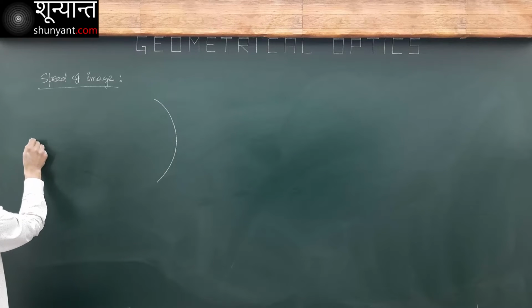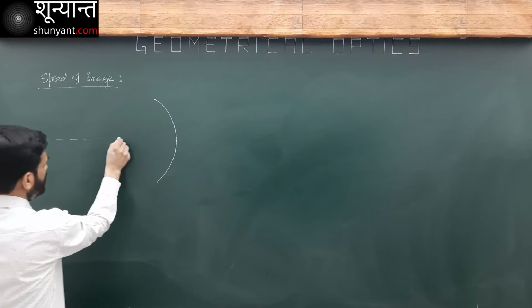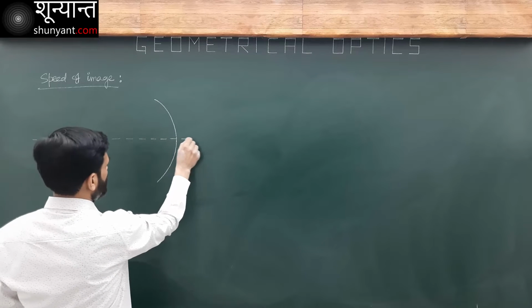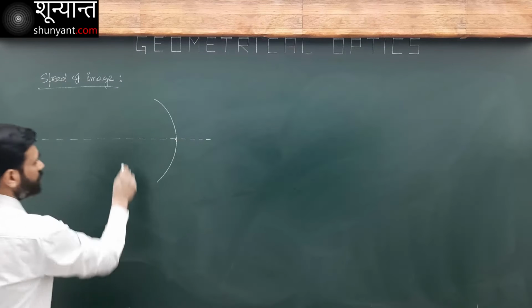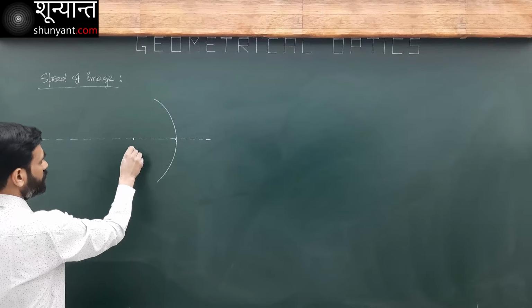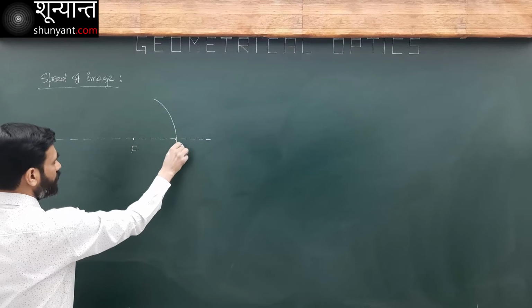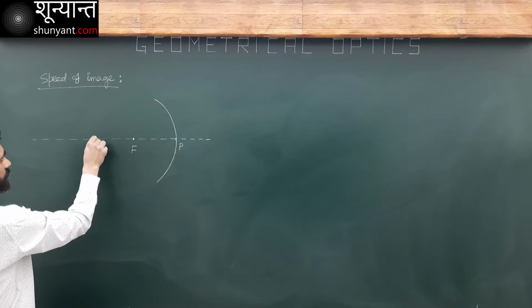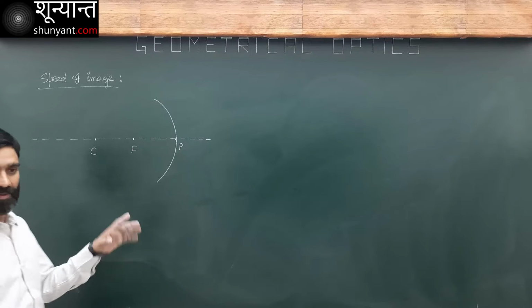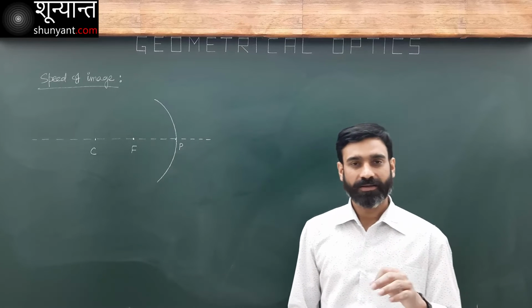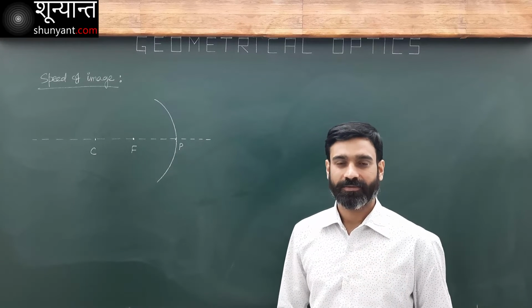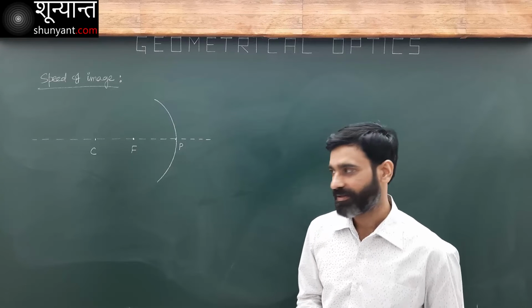This is my concave mirror. This is my focus. This is the pole. And this is the center. Just to simplify, we are taking real objects only.